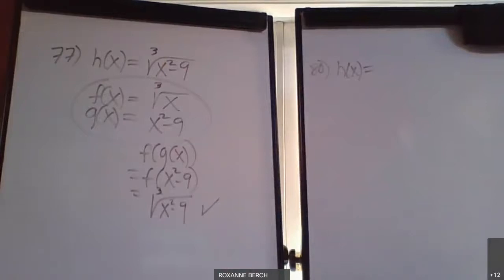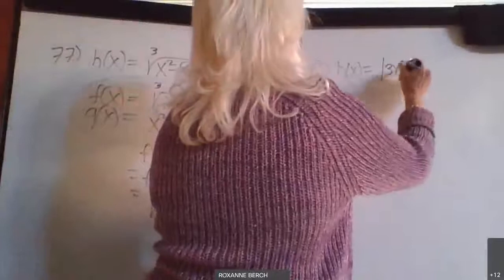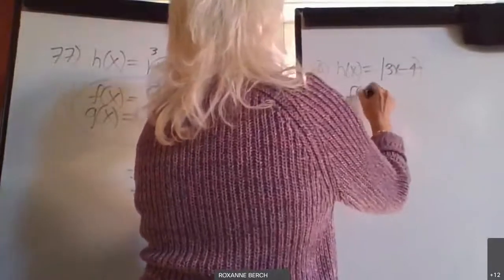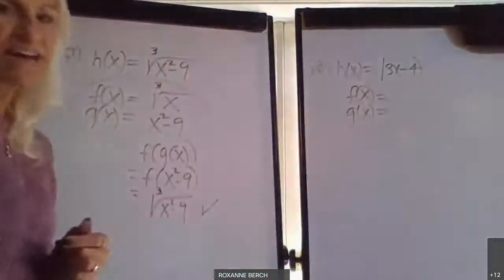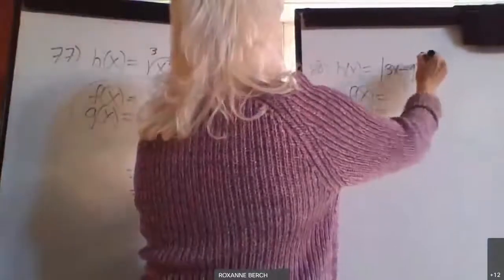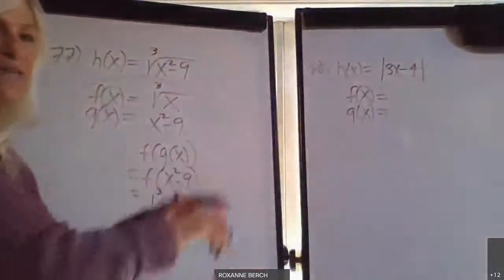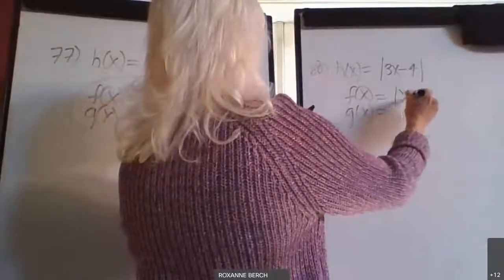Okay, so in 80, h of x is the absolute value of 3x minus 4. So all you have to come up with is f and g. Well, instead of going from the inside out, we're going from the outside in. So who's the parent on the outside? Absolute value of x.